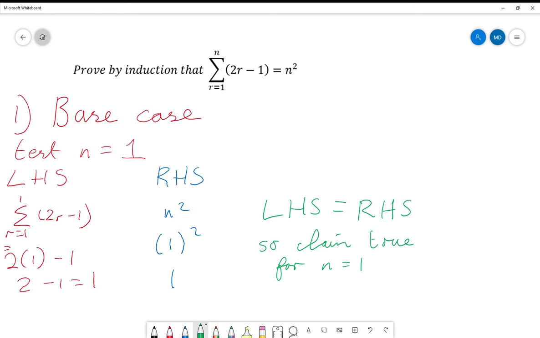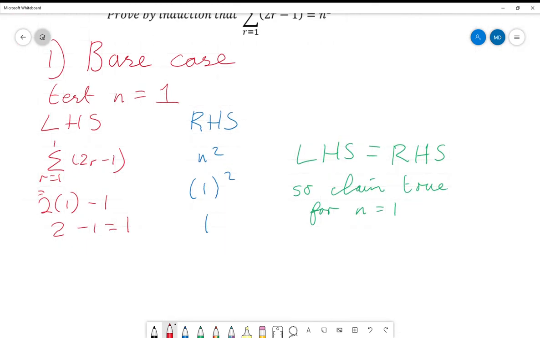Okay. Now, our next step. We want to assume that it's true for some k. So this is our assumption. Assume it's true for some n equal to k.